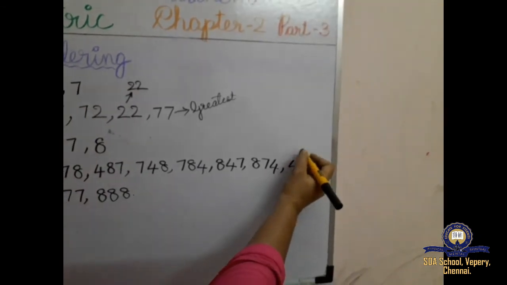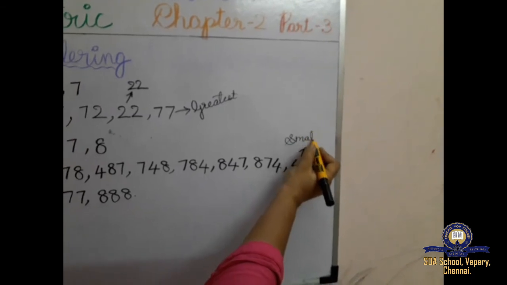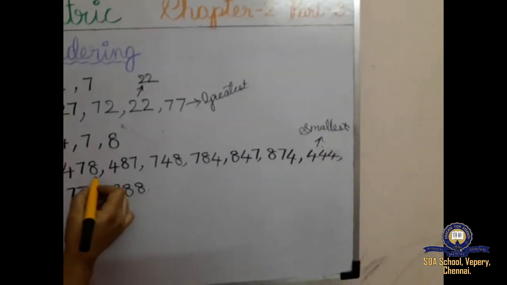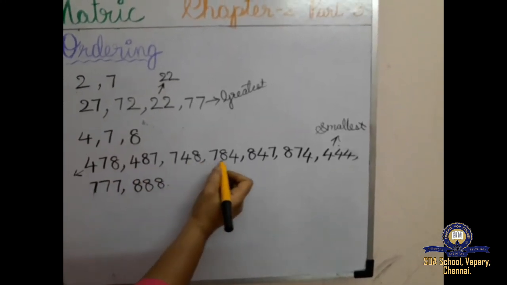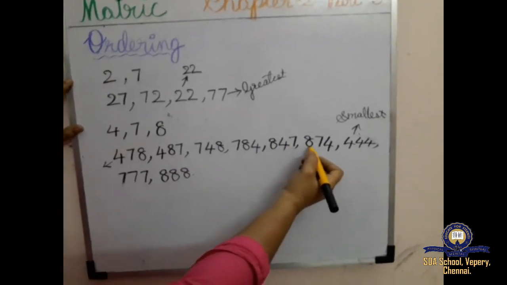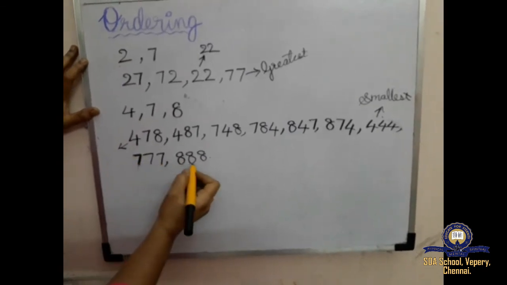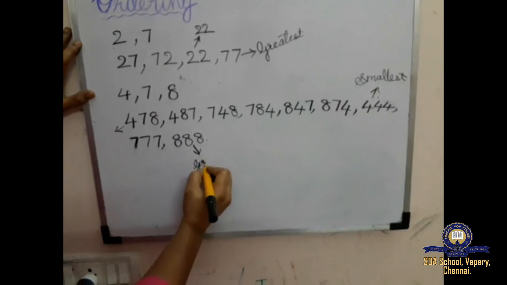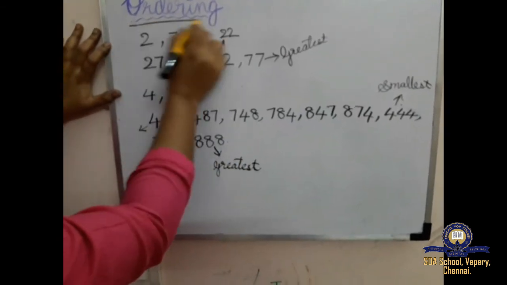Which is smallest? 444 is smallest. Now the greatest number. See here. 487, 748, 784, 847, 874, 444, 777 and 888. So 888 is the greatest number. So this is called ordering.